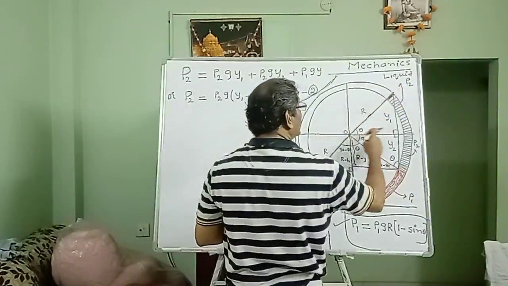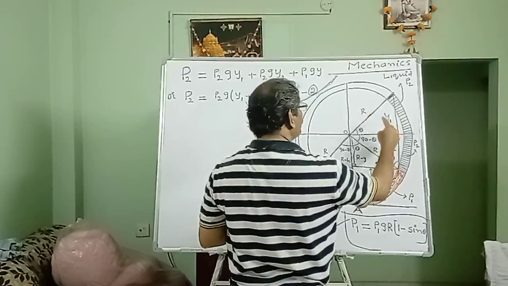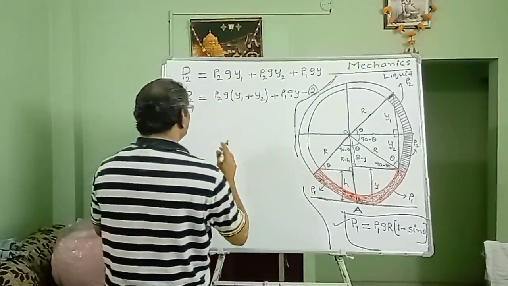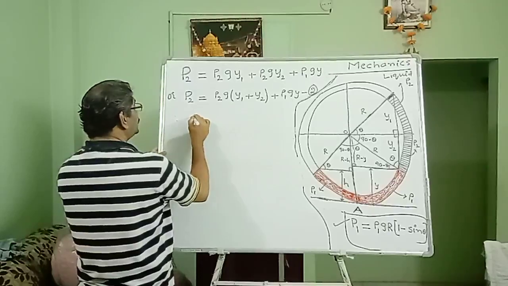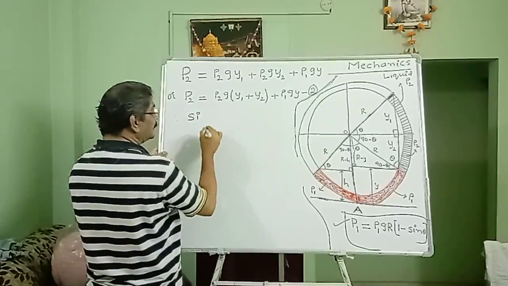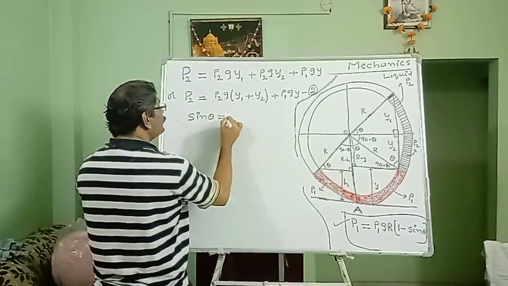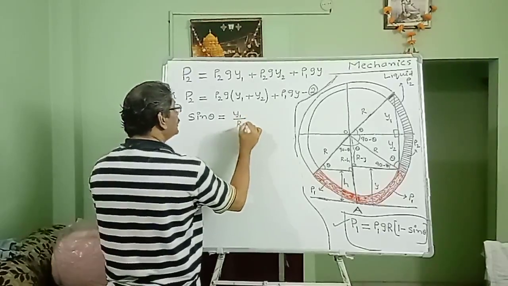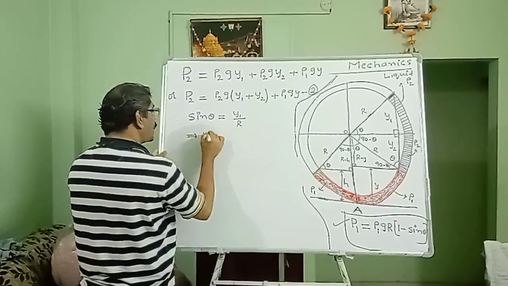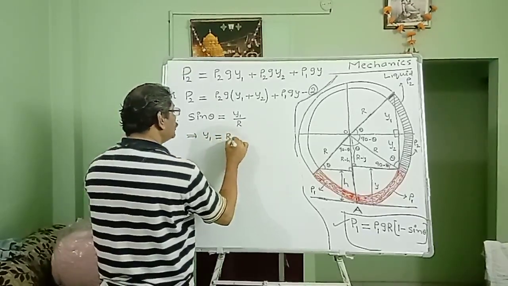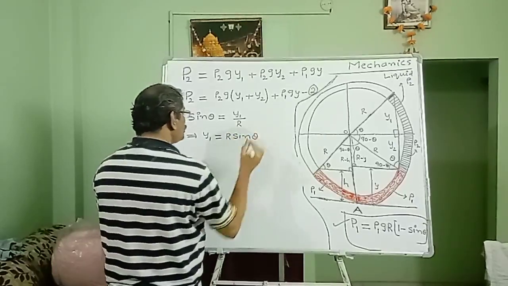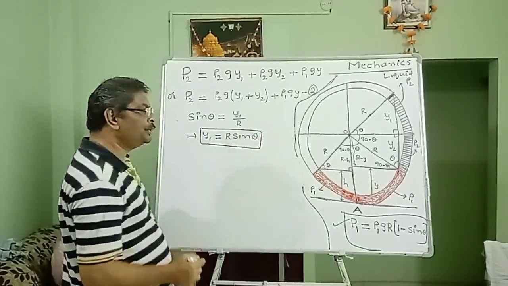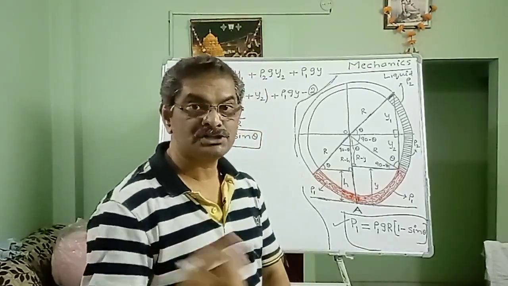So in the upper right angle triangle, sine theta will be numerically equal to y1 divided by r, which implies y1 will be numerically equal to r sine theta. So already I got the value of y1.